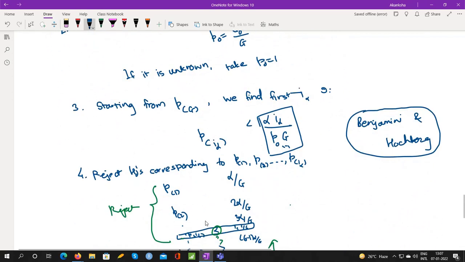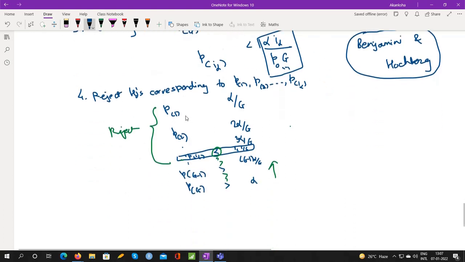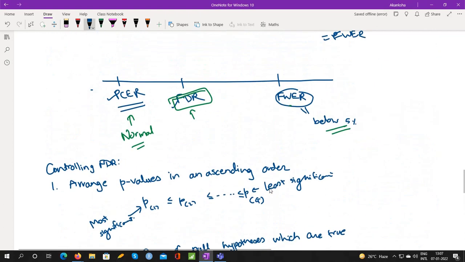So what are you achieving by doing this? Instead of simply comparing every p value with alpha, if you use this criterion, then your FDR remains below alpha instead of just PCER. If you simply do your usual thing, like compare p value with alpha, reject if p value is less than alpha, accept otherwise, then only your PCER is less than alpha, and as a result you get too many false positives.